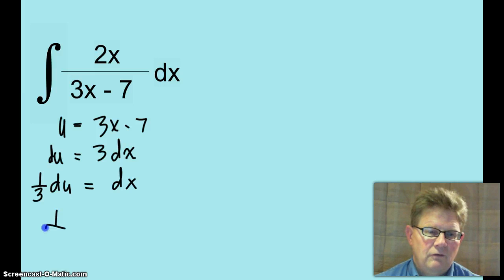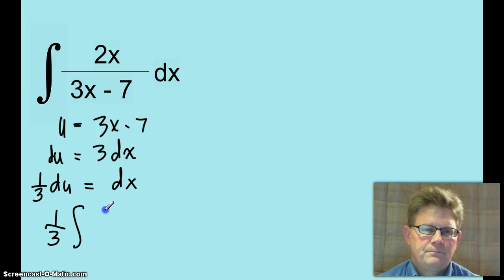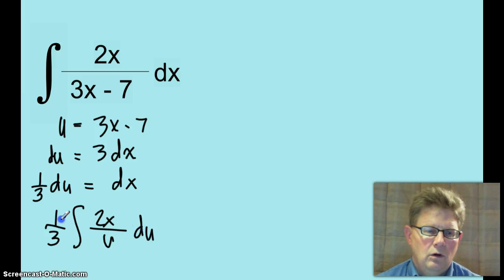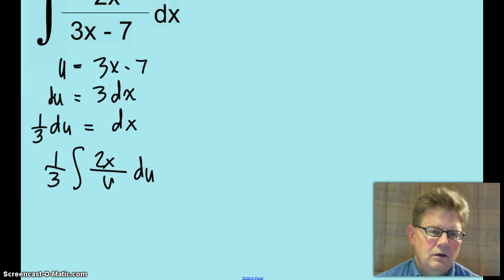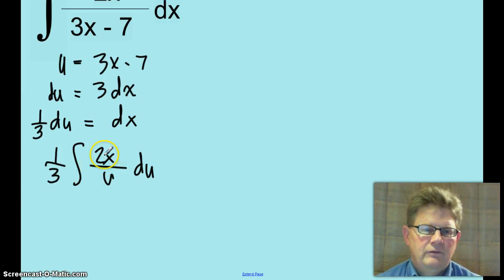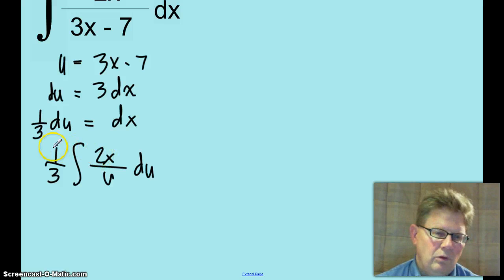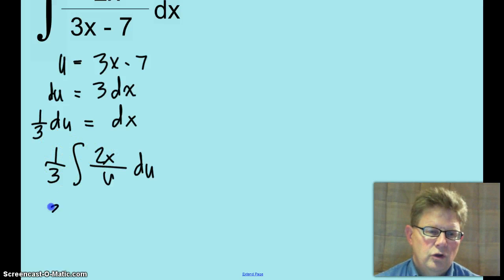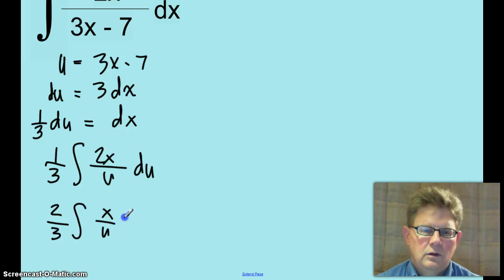Put the 1/3 out front times the integral of 2x over u du. Uh-oh, hold on a minute. What's going on here? Let's go ahead and pull that 2 out front: 2/3 times the integral of x over u du.